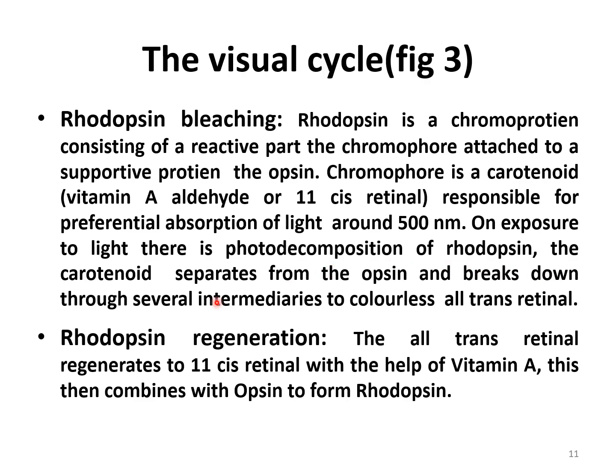The carotenoid separates from the opsin and breaks down through several intermediaries to colorless all-trans-retinal. The all-trans-retinal regenerates to 11-cis-retinal with the help of vitamin A. This then combines with opsin to form rhodopsin. We shall see all these processes in the next figure so that we have a clearer picture of this visual cycle.